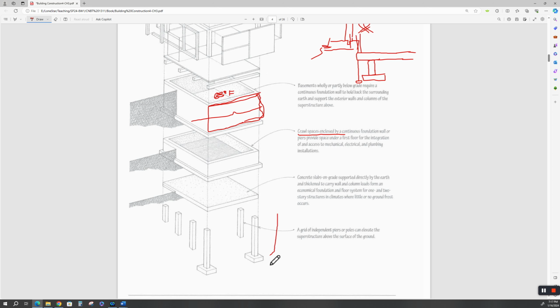They'll drill down, and then the bottom is belled out. When the final drill spins, it hogs out a bell, and then they fill this with concrete. And then the slab is poured on top of the drilled piers. It's supported on these piers, and there is a space underneath the slab.